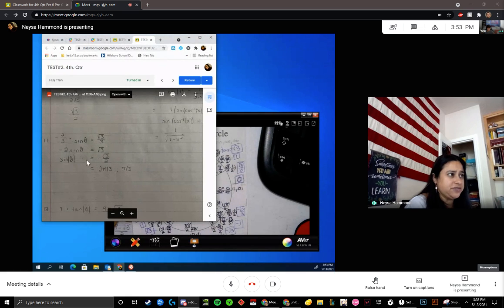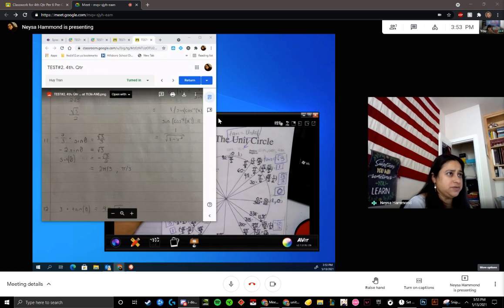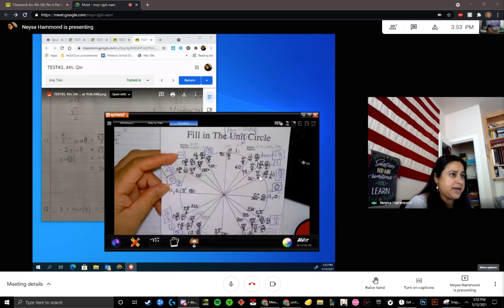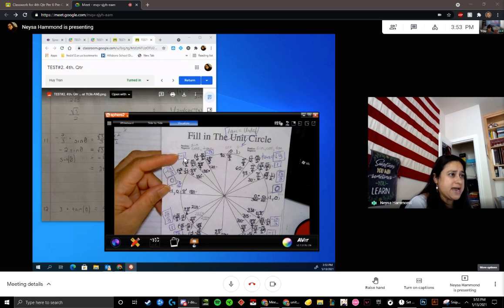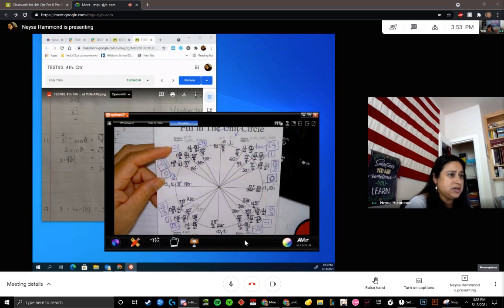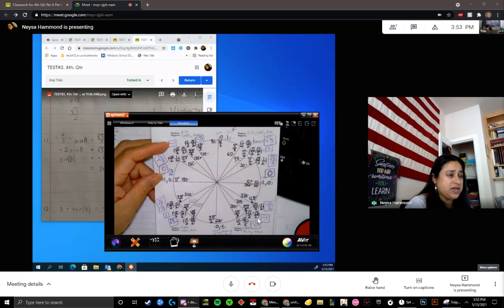You've got sine of theta equals negative root 3 over 2. When you look at your unit circle, negative root 3 over 2 on the y-axis down here, you see it?